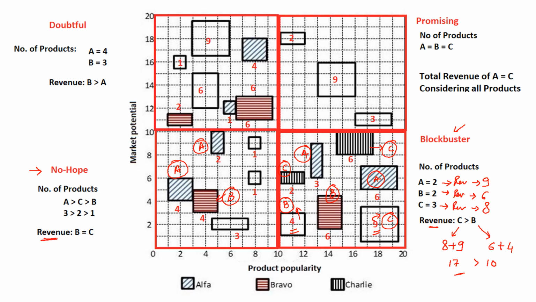So let us look at the revenue information. Revenue information is that B is equal to C. That means revenue of B is equal to C. So as of now B revenue is 4 and B is only having one product, so its revenue is 4 only. And C is having two products. So in order to satisfy this, we will look for boxes whose area should be equal to 4.